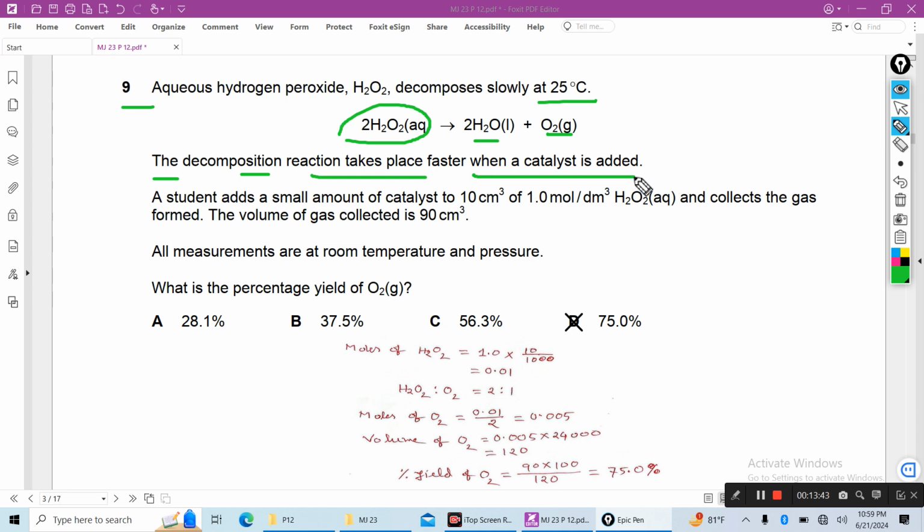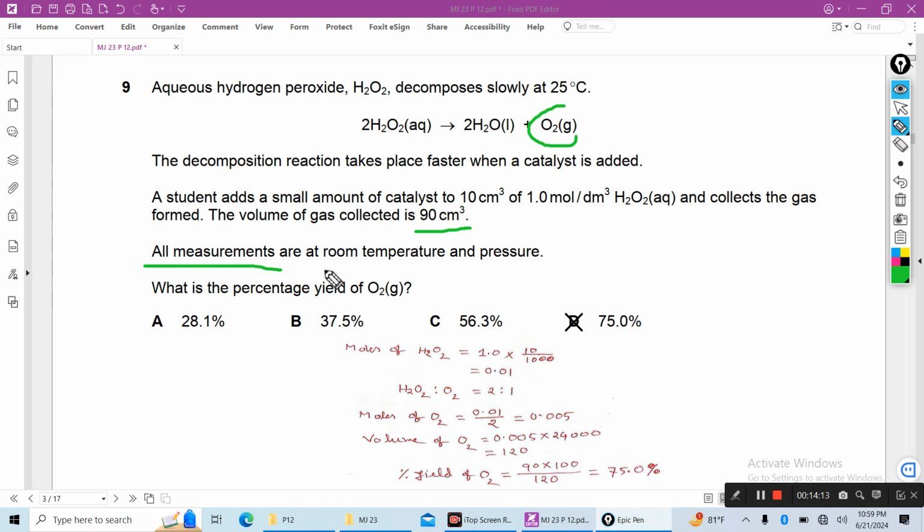A student adds a small amount of catalyst to 10 centimeter cube of 1 mole per dm cube hydrogen peroxide and collects the gas formed. The volume of gas, oxygen gas, collected is 90 centimeter cube. All measurements are at room temperature and pressure.